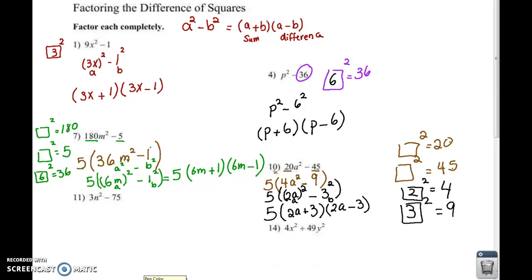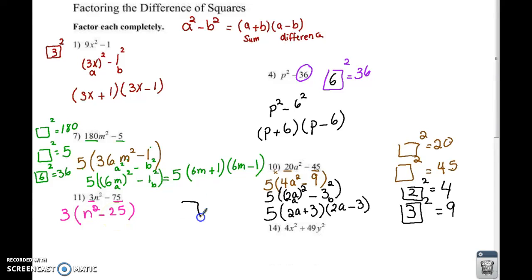Next, 3n squared minus 75. Again, no perfect square, no perfect square. 3 and 75 have a common factor of what? Of 3. So let's factor the 3. You have n squared minus 25. 75 divided by 3 is 25. Oh, that's an easy fix.